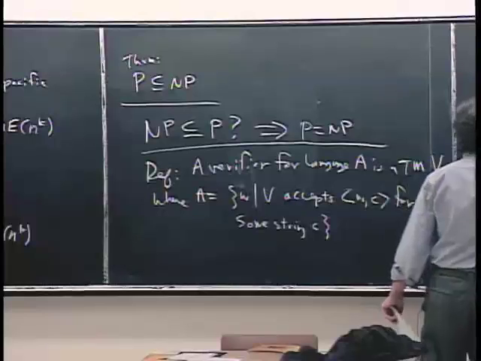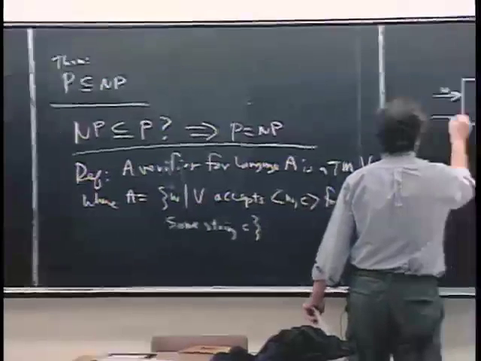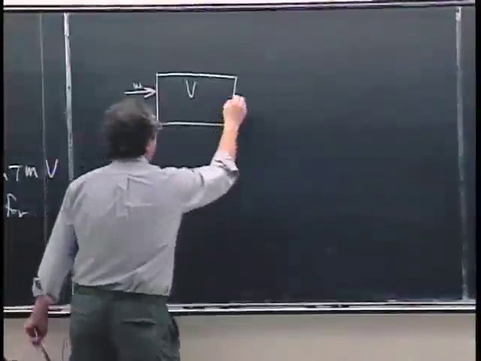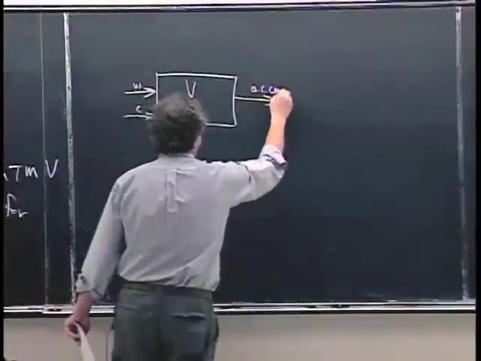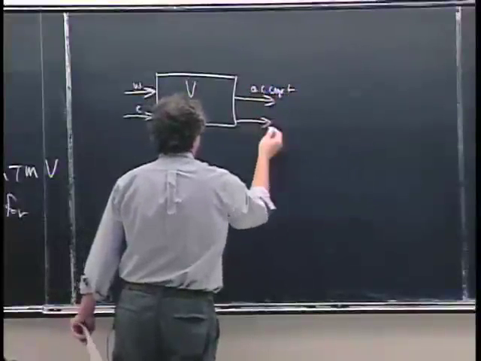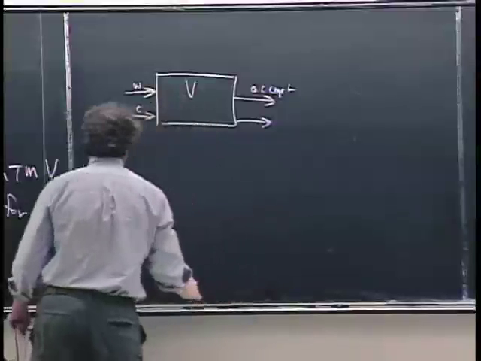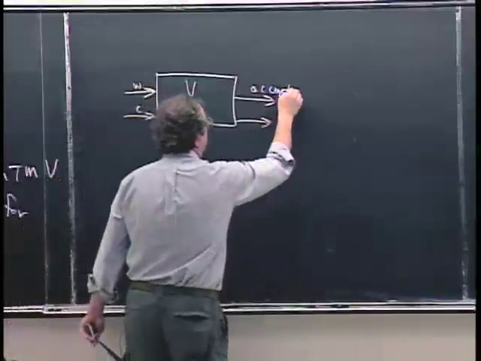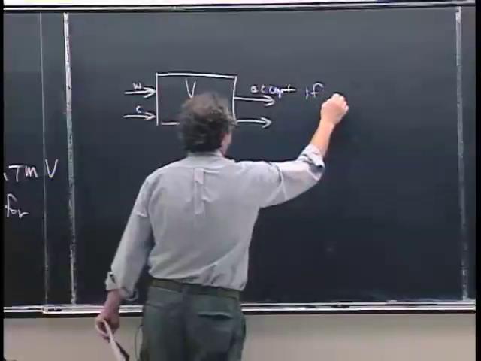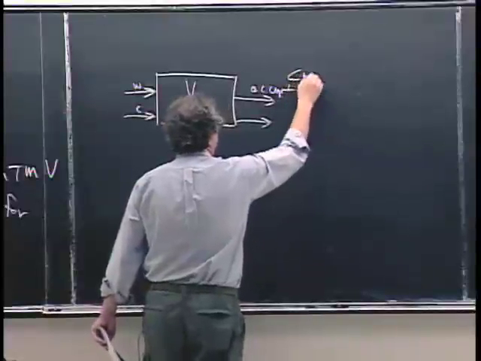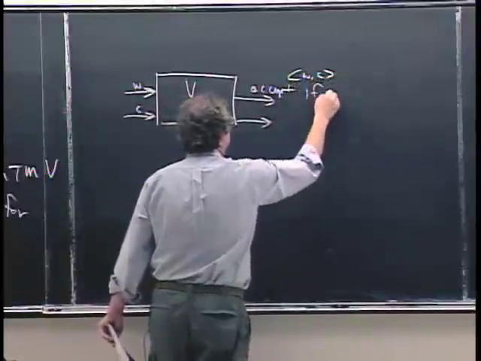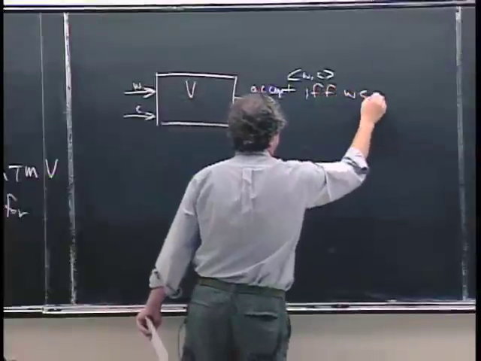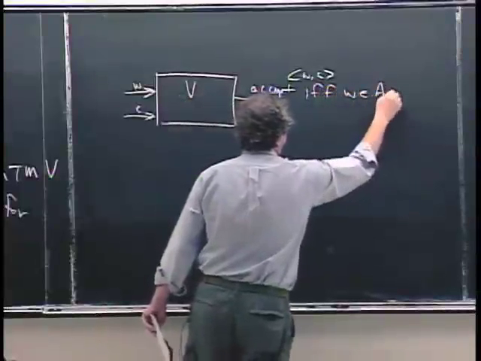Here's our verifier, and in comes W, and in comes C, and then we accept, or we could reject or not even terminate, but if we accept, what are we accepting? We're accepting WC if and only if W is contained in A.